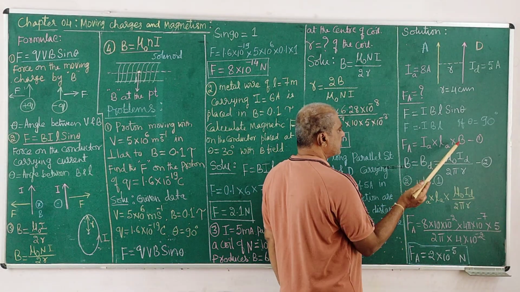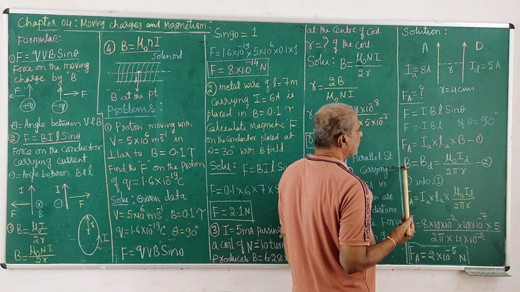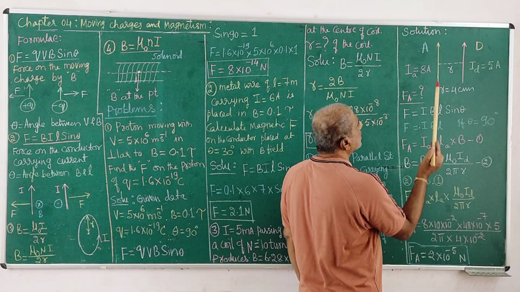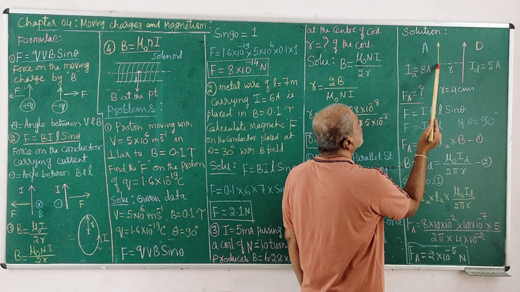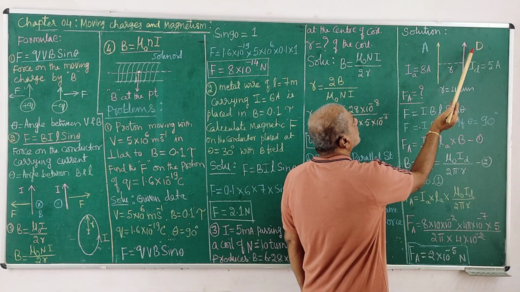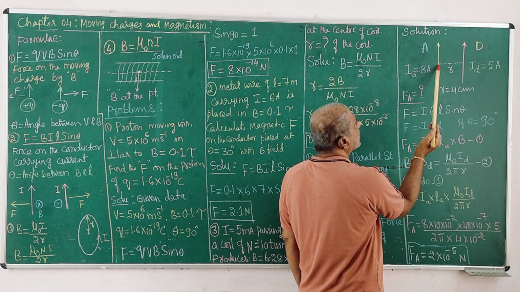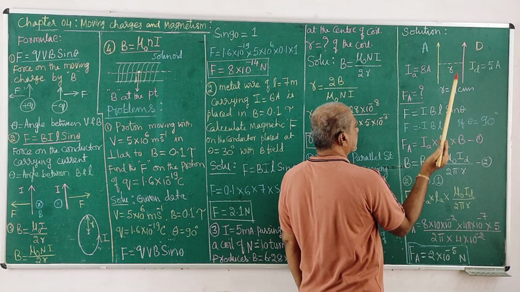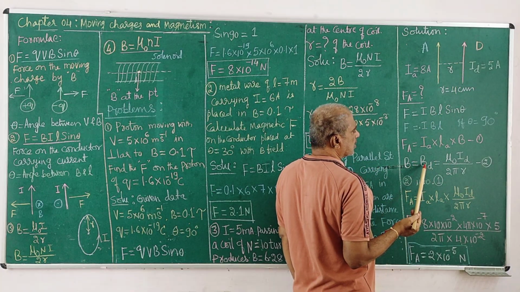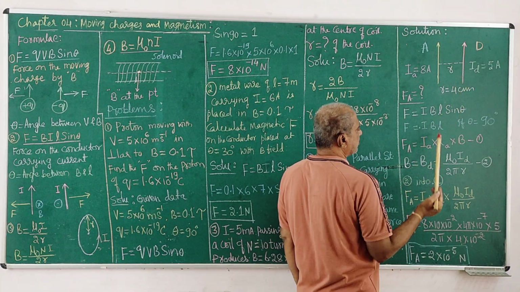Let us say B is the magnetic field applied on this conductor. It is by induction by this conductor at this point. What is the magnetic field at this point? It is induced by this conductor. That is the magnetic field by this conductor, BD.